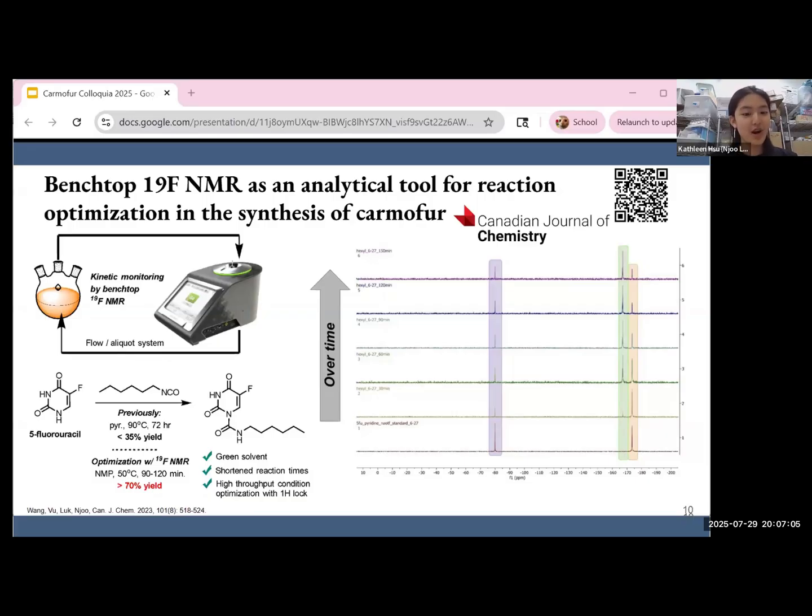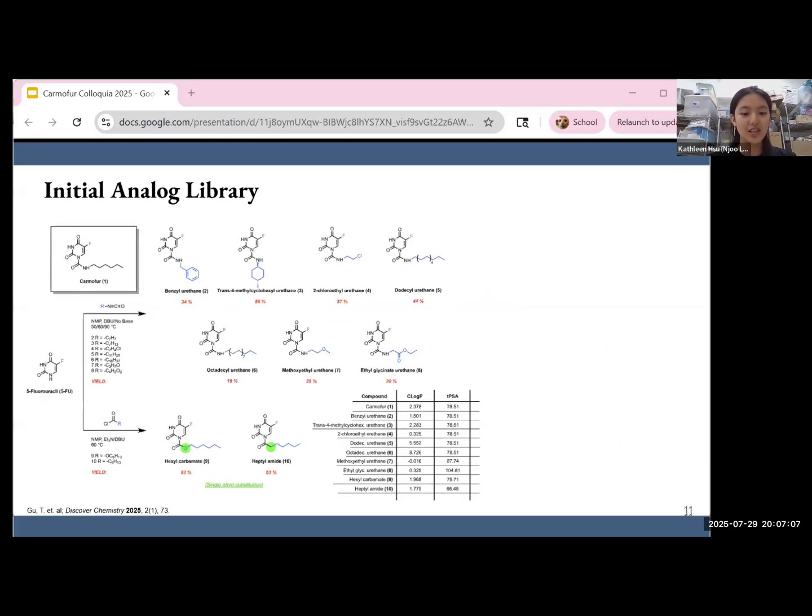So now, with a successful optimization in hand, we turned our attention to synthesizing our Carmofur analogs utilizing this rapid reaction workflow. Previous members of our lab designed a library of urethane and single-atom substituted analogs of Carmofur, and each group is designed to target different characteristics or properties of biological activity.